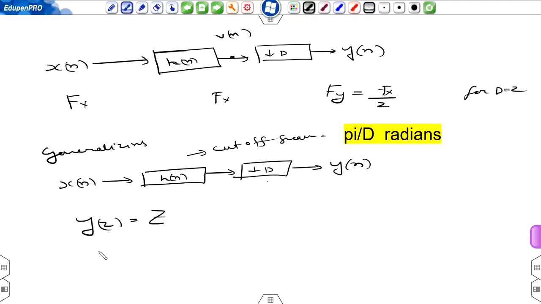Okay, so this downsampler will keep only every Dth sample of x.